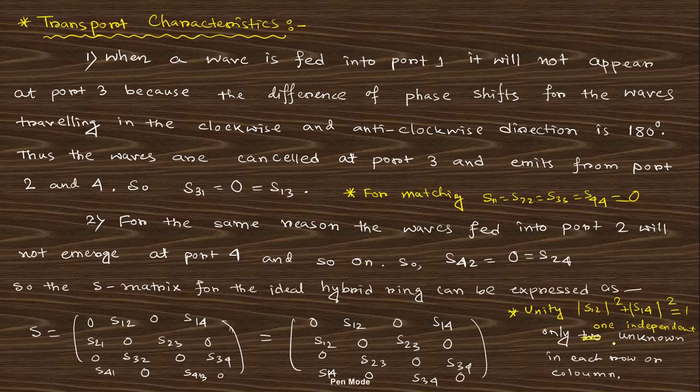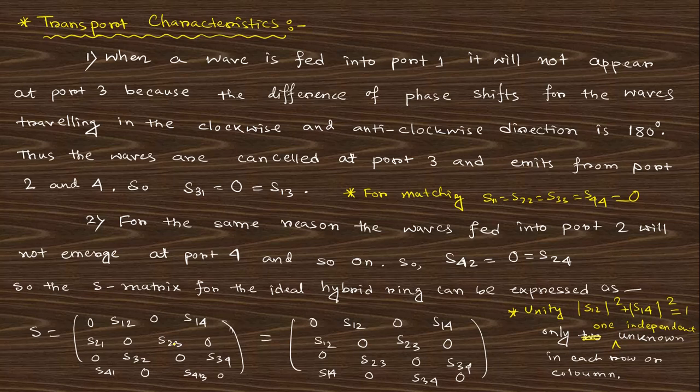In this S matrix, there is only one independent variable. If you know this one independent variable, you can get this S matrix.